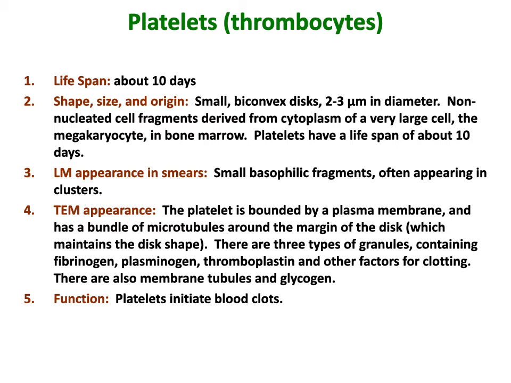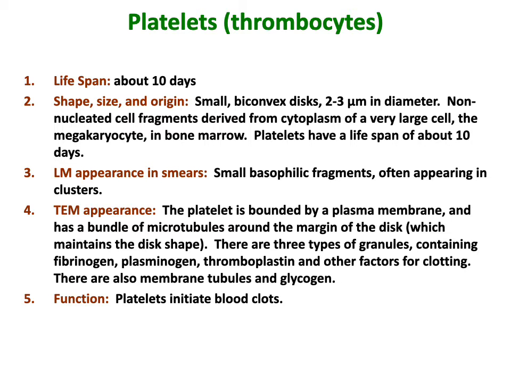Okay, so megakaryocytes are cells in the bone marrow, and platelets are just fragments of the cytoplasm that spill out in the blood. Okay, so platelets typically last about 10 days and are small biconvex discs. Again, they are anucleated. They do not have nuclei because they are just fragments of the megakaryocyte.